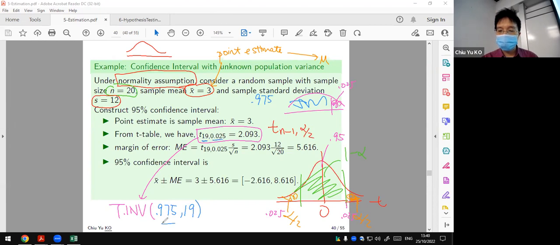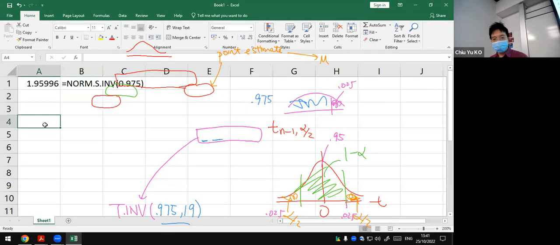That's what Excel would give you. And I will show you how to do it in the table, but before we do it, I show you the Excel first. That is this number, t_19 at 0.975. So we do it here.